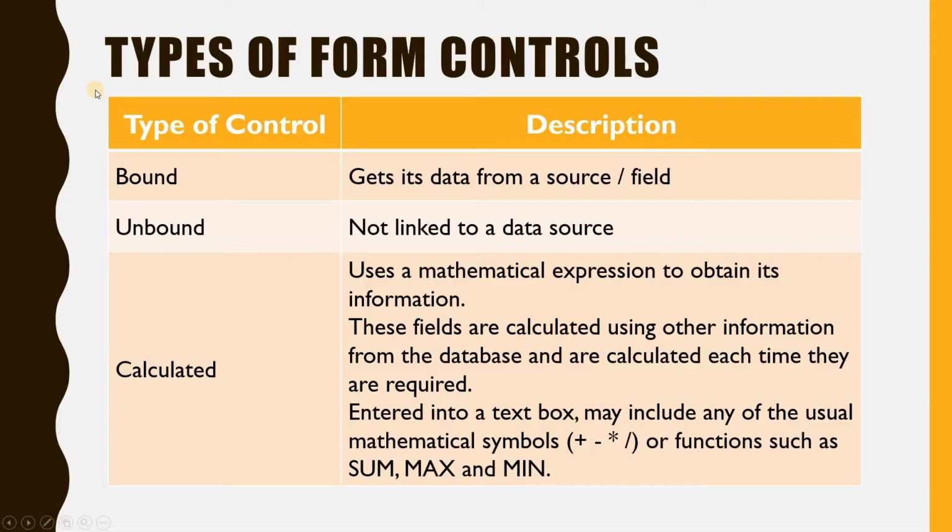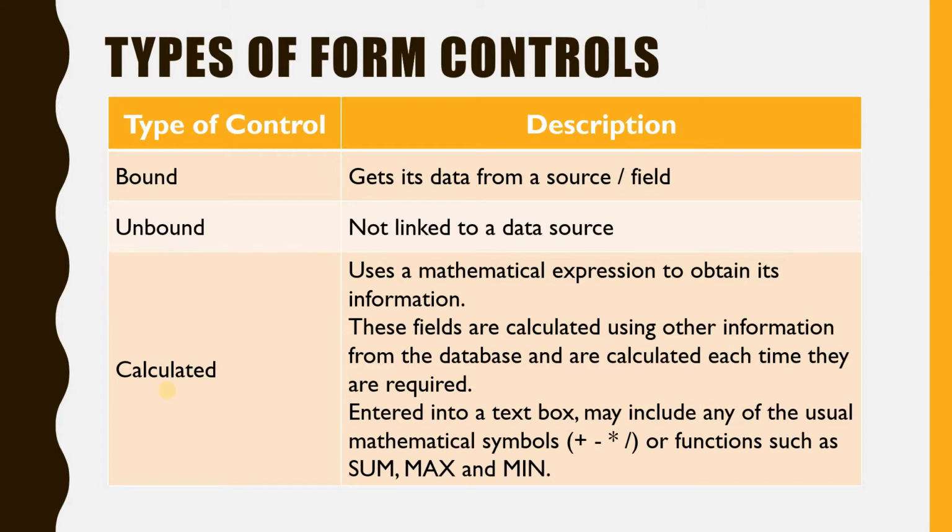There are different types of form controls: bound, which gets its data from a source/field; unbound, in which it's not linked to a data source; and calculated. A calculated field uses a mathematical expression to obtain its information. These fields are calculated using other information from the database and are calculated each time they are required.